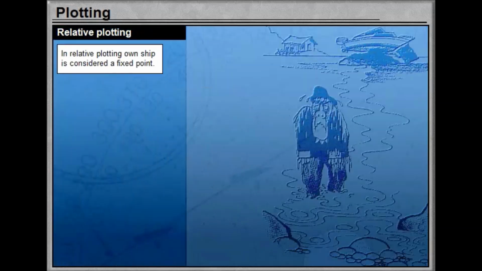In a relative motion plot, the true motion of the target is plotted relative to own ship, which is considered as a fixed reference point. That is, the motion is plotted as it appears on a relative motion radar display.